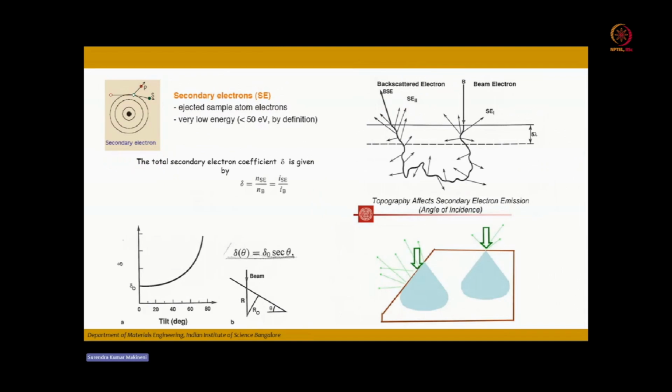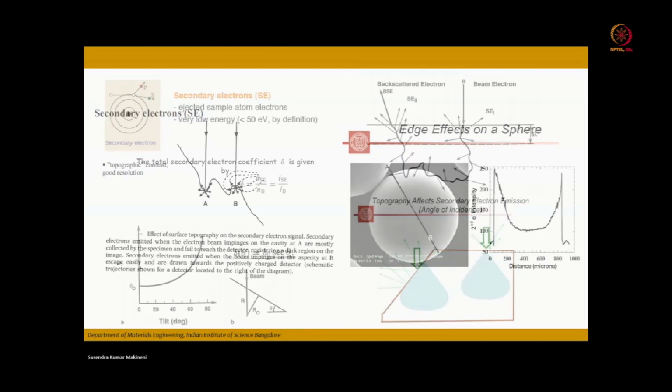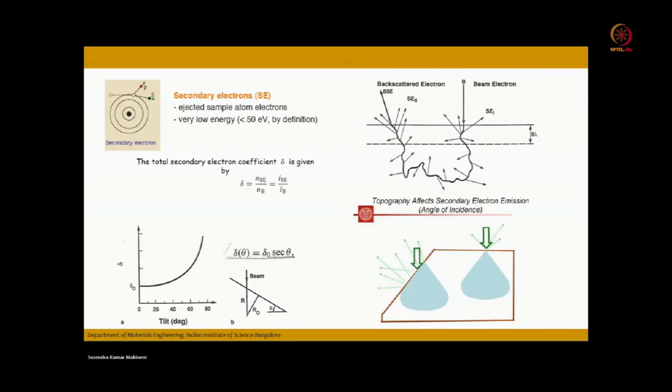Okay, and with the tilt angle theta, you can see that as the tilt angle increases, your secondary electron coefficient delta also increases.